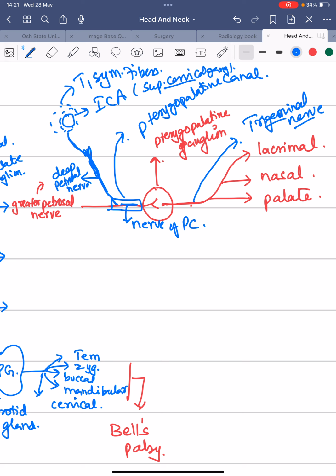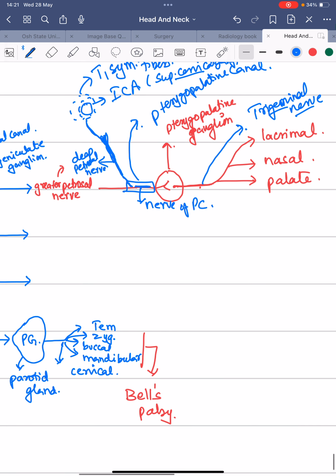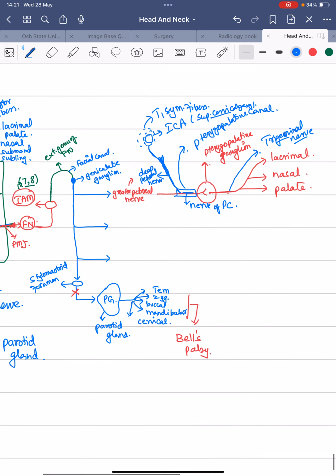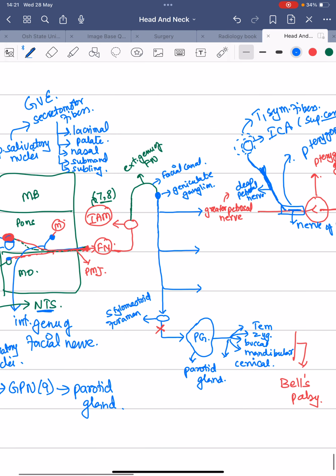Okay, and now it is forming this nerve, known as the deep petrosal nerve. The deep petrosal nerve joins with the greater petrosal nerve, entering this canal, the nerve of the pterygopalatine canal. And now it is forming this ganglion, the pterygopalatine ganglion. Now it is innervating these three: lacrimal, nasal, and the palate gland. So see here, these three are by your pterygopalatine ganglion.